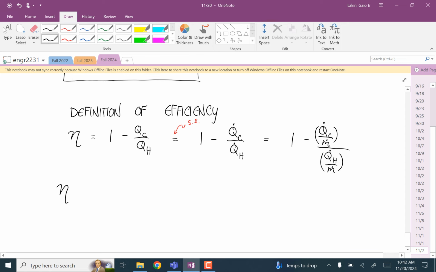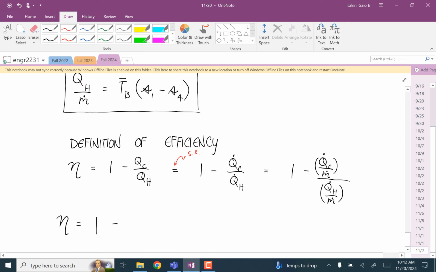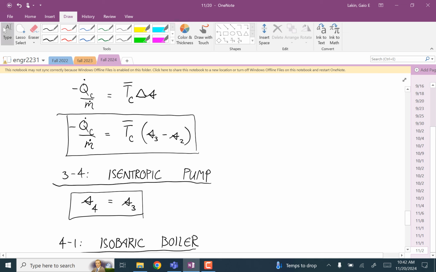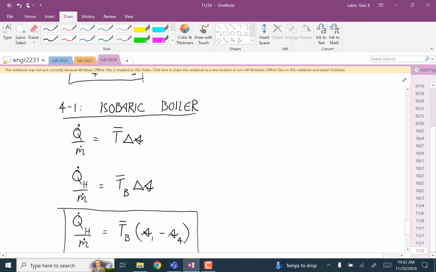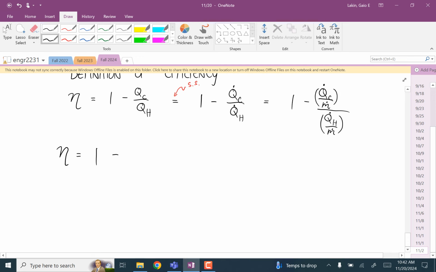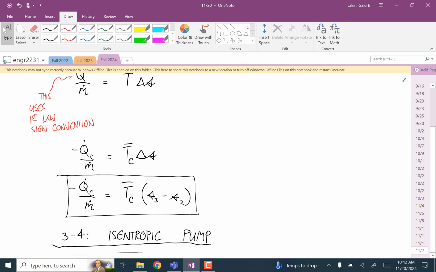So the efficiency is equal to 1 minus QC over M dot. We can get that from the expression from 2 to 3. Okay, it's the negative of this. So I'm going to write that as negative TC, what did I say that is, 2 to 3?